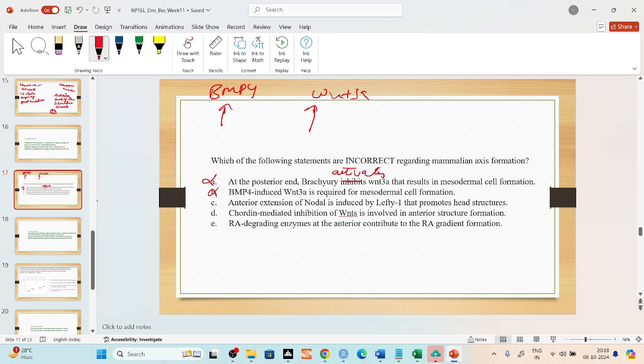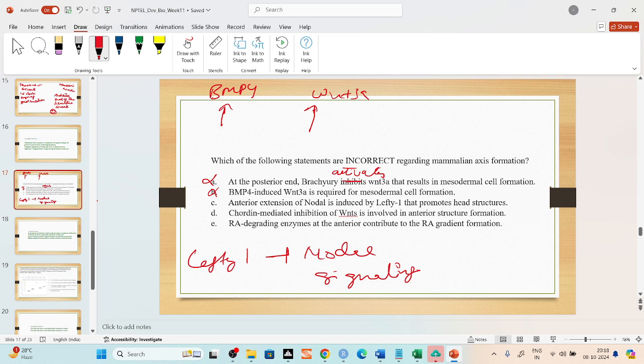Lefty one inhibits nodal signaling. So here the question says, anterior extension of nodal is induced by lefty? No, because lefty does not induce nodal signaling. In fact, lefty inhibits the nodal signaling.